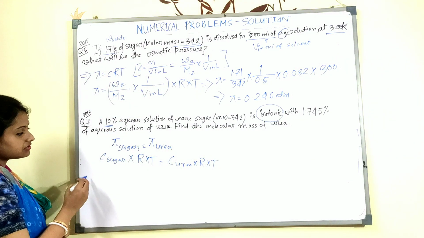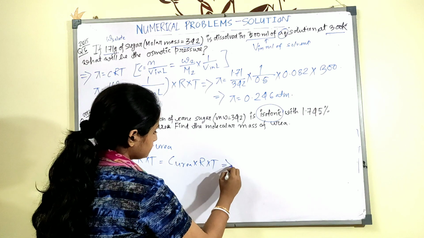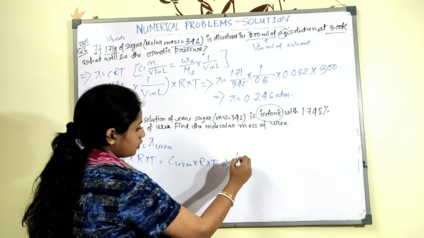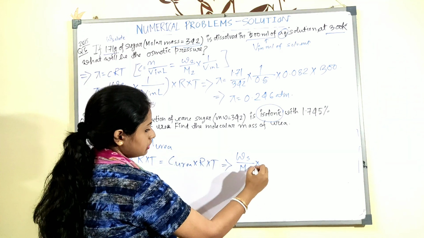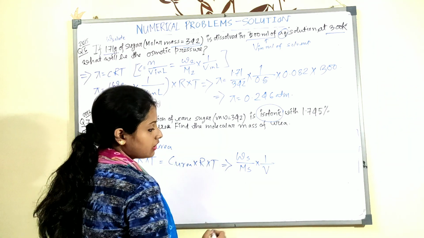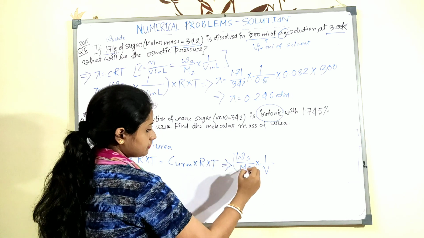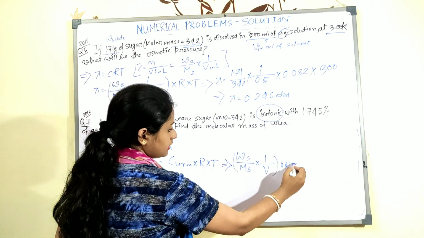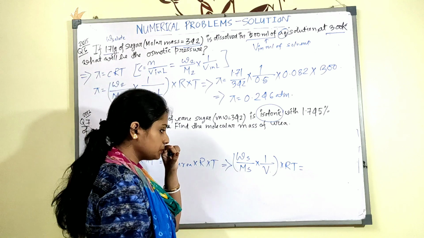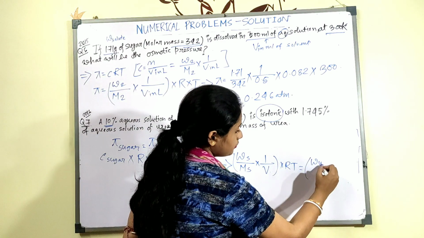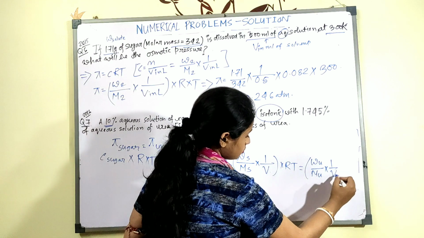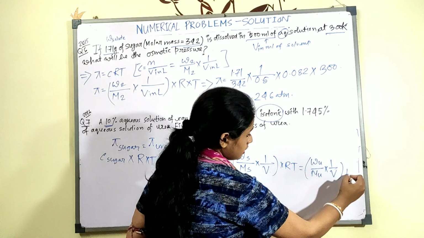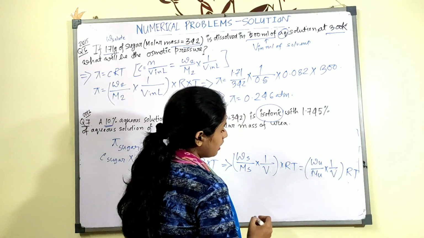So let us write this. Weight of sugar by molecular weight of sugar into 1 by volume of solution into RT equals weight of urea by molecular weight of urea into 1 by volume of solution into RT.